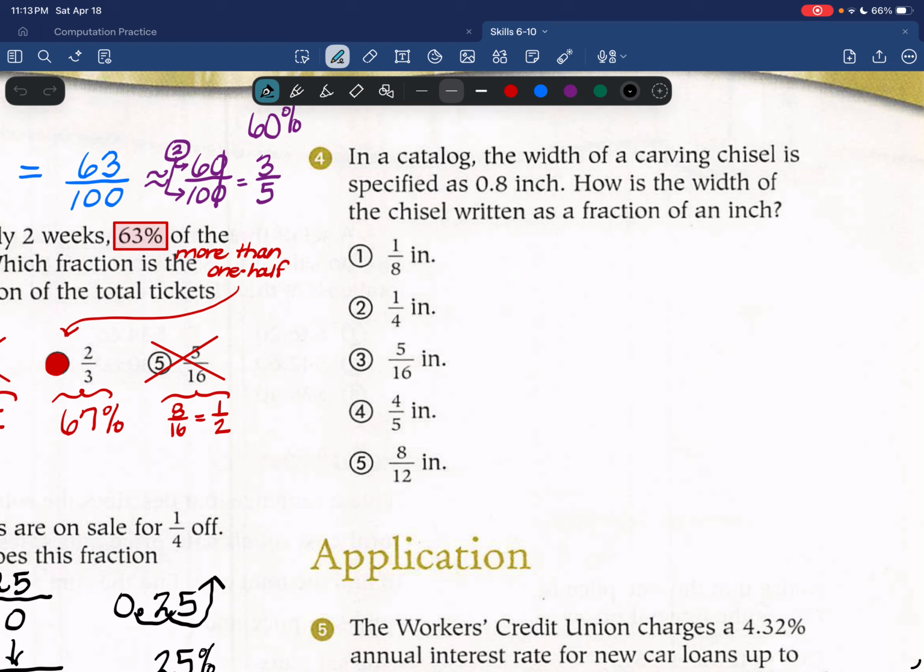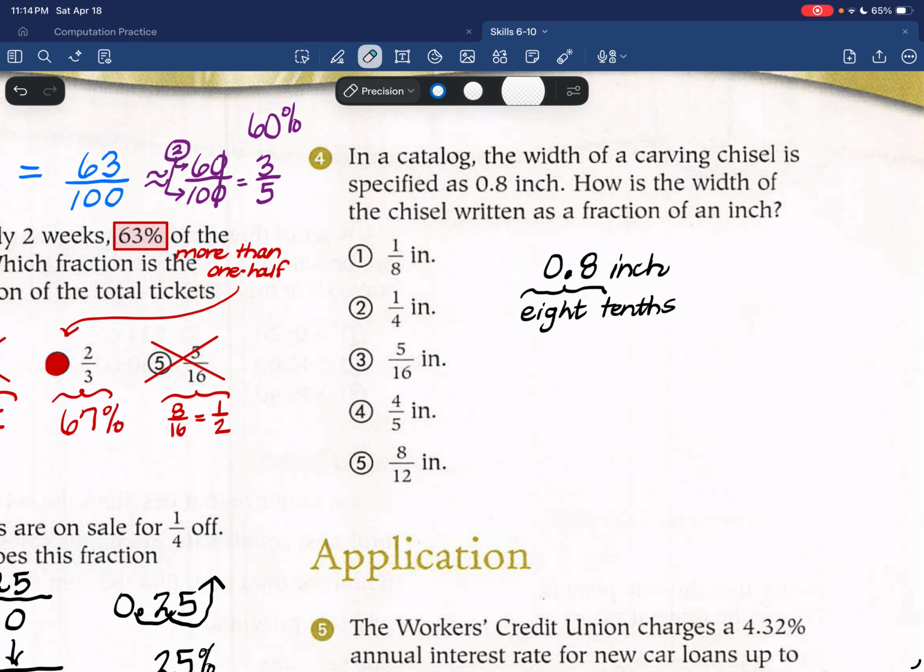So 0.8 inch. You have to know how to read the decimal. 8 in the tenths place. You only have one decimal place there. That's tenths.